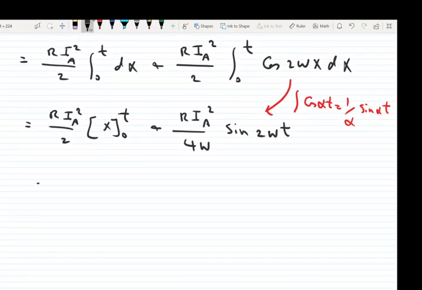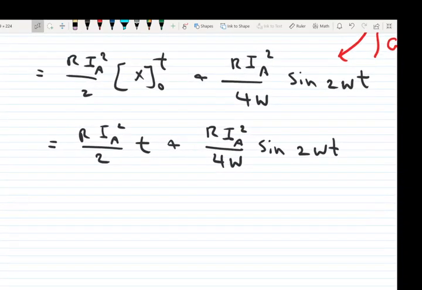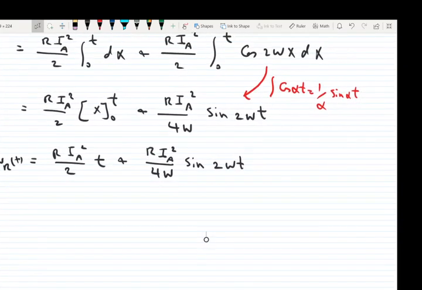So it is equal to R Ia square over 2 t plus R Ia square over 4 omega sine of 2 omega t. This is the energy delivered to a resistor in sinusoidal steady state circuits.